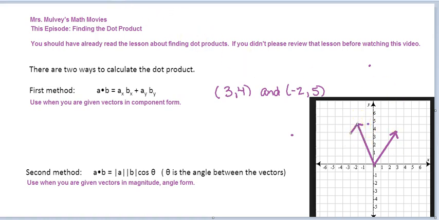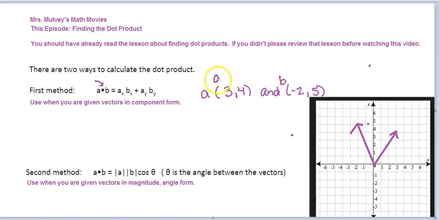So to find the dot product, you look at your x values, and we're going to call this vector A and vector B. So you just separate the vectors out into two vectors, vector A and vector B. And the formula to find the dot product, see where the dot product gets its name, you multiply the x values.